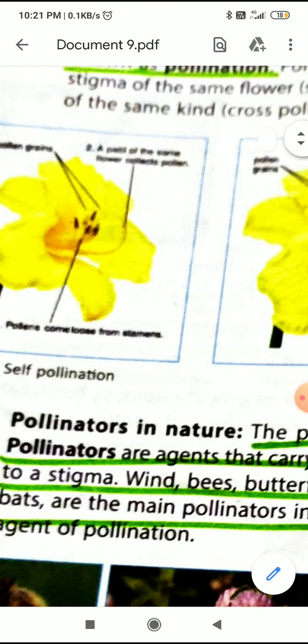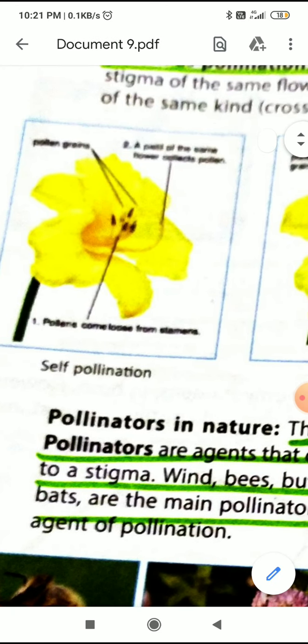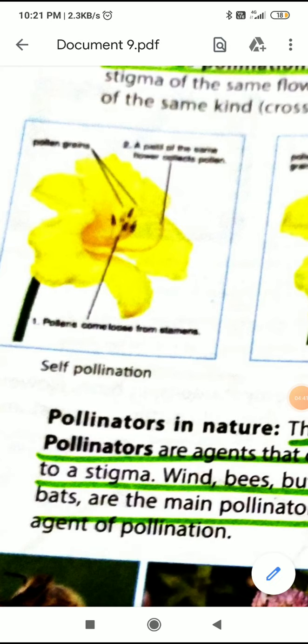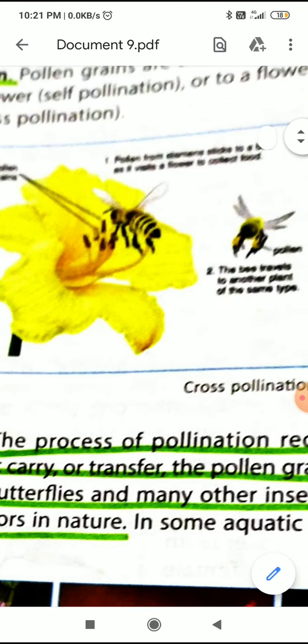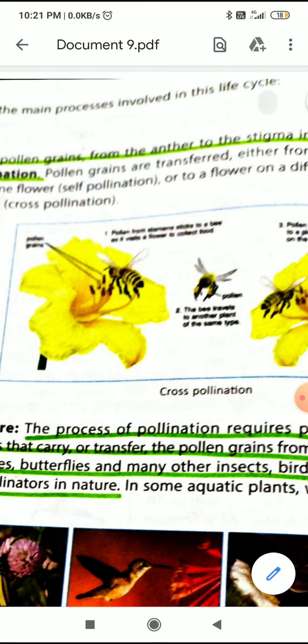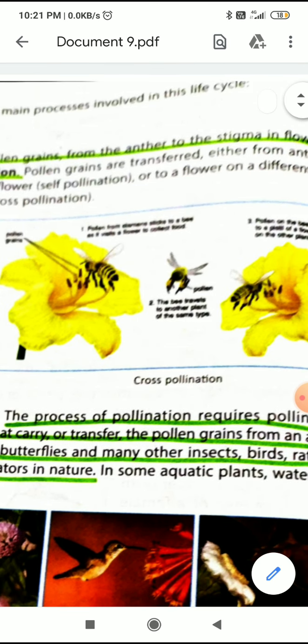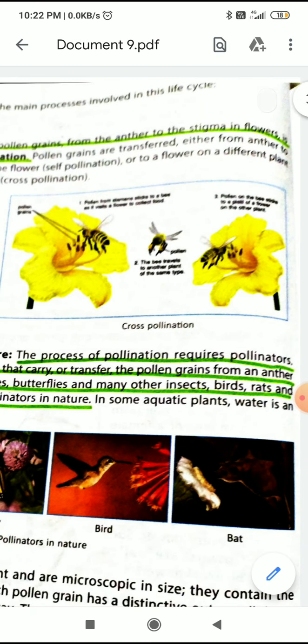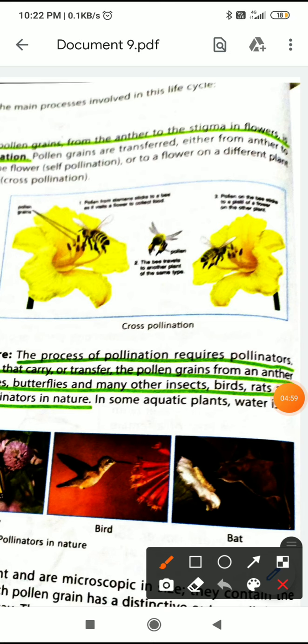So in the first picture, this is self pollination, and now in this second picture, that is cross pollination. In this cross pollination there are two pictures drawn. You see, flower number 1 and flower number 2.